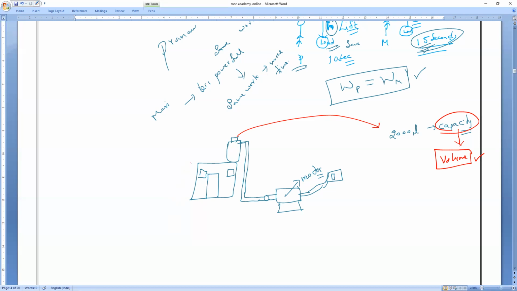Now, there is a staircase. Imagine this is Mr. Lingesh's home. Mr. Lingesh takes one bucket and carries the water, going up and filling.